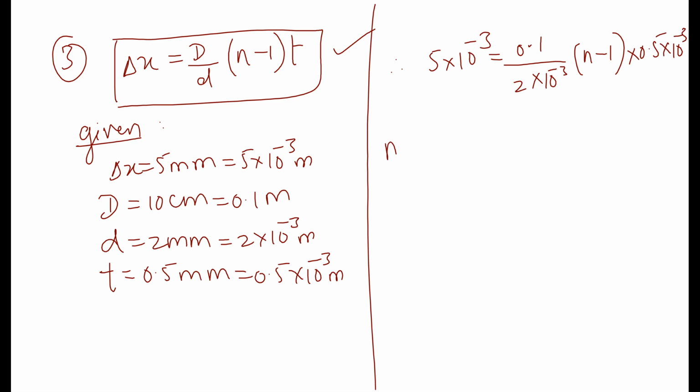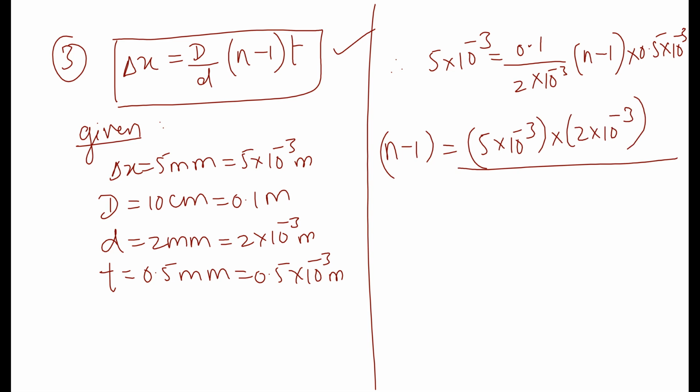Now n minus 1 is kept on the left hand side, and all the remaining numerical values are shifted to the right hand side. So this becomes 5 into 10 to the power of minus 3 into 2 into 10 to the power of minus 3 divided by 0.1 into 0.5 into 10 to the power of minus 3. So this works out to 0.2. So n minus 1 is equal to 0.2.